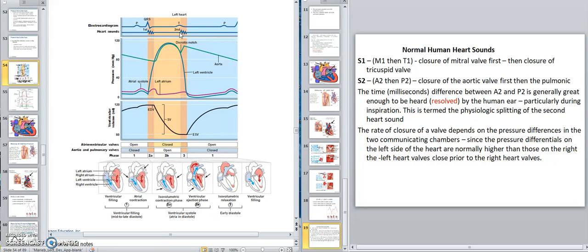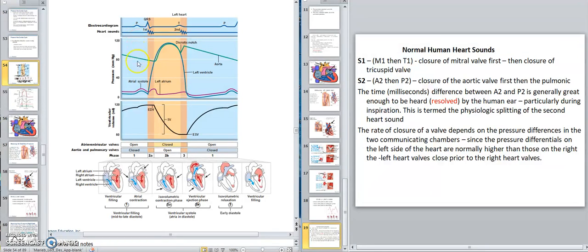Okay? Now, the last part of this is to do the EKG. We said the P wave is atrial depolarization. We said the P wave would send the signal to the atria to cause atrial contraction, which would occur during atrial systole.